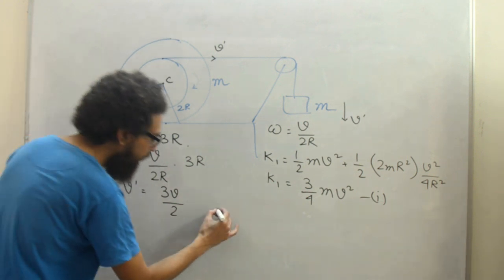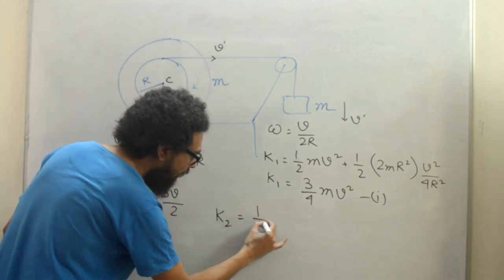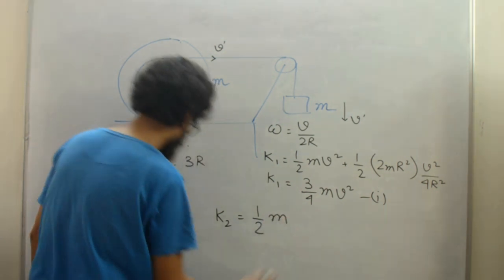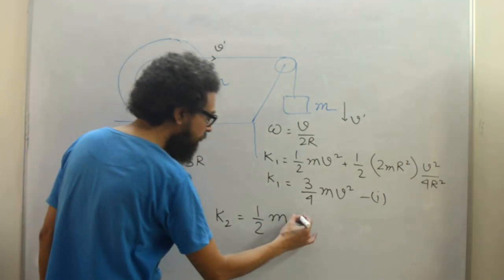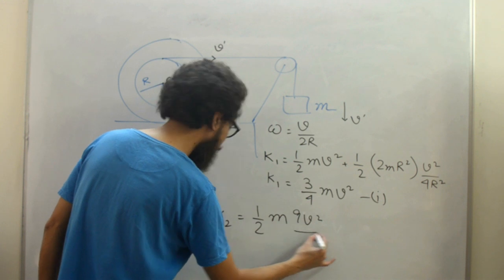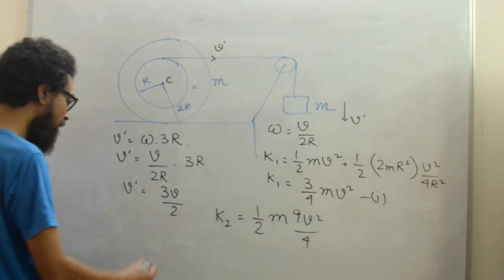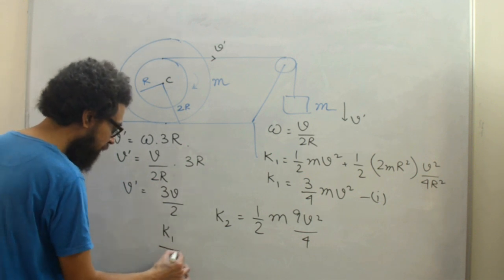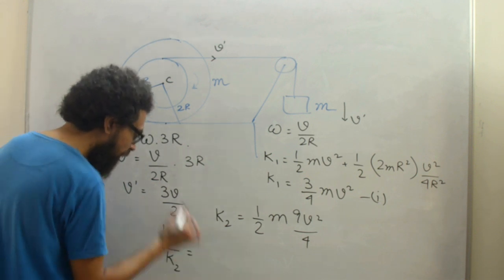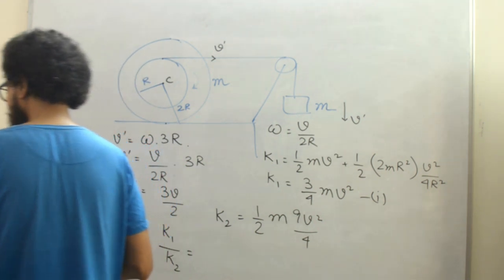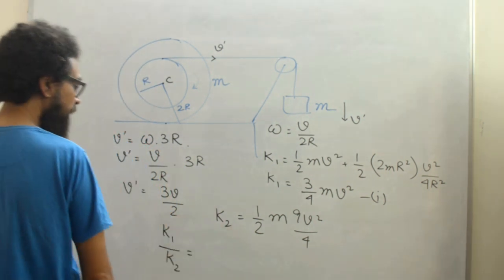So what is the kinetic energy of the block? Half m v dash square, which is, alright. Need I tell you the answer? Yeah. What am I getting?